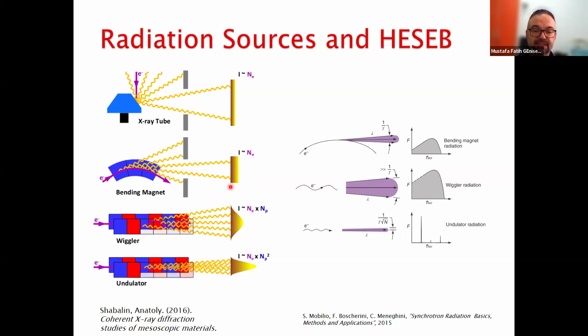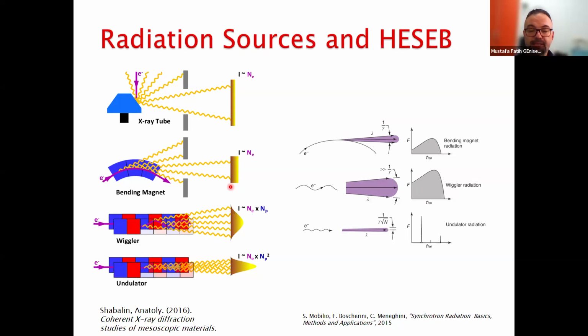Its flux is low. And when we look at the bending magnet and wiggler, they are continuous sources. They have some intensity, but the undulator has a converged beam, and it's also acting like a line source.